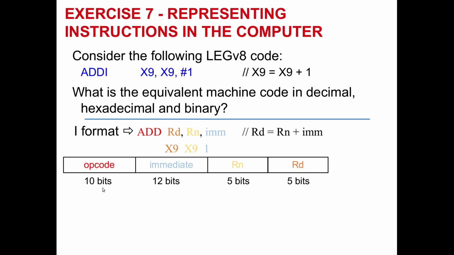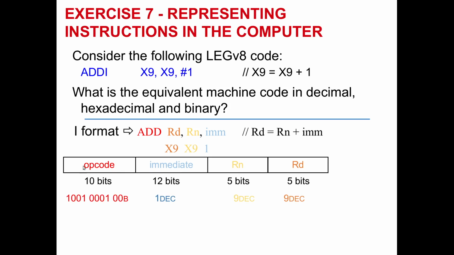The machine code format for this instruction will be opcode of 10 bits, immediate value using 12 bits, and then Rn and Rd each having 5 bits.